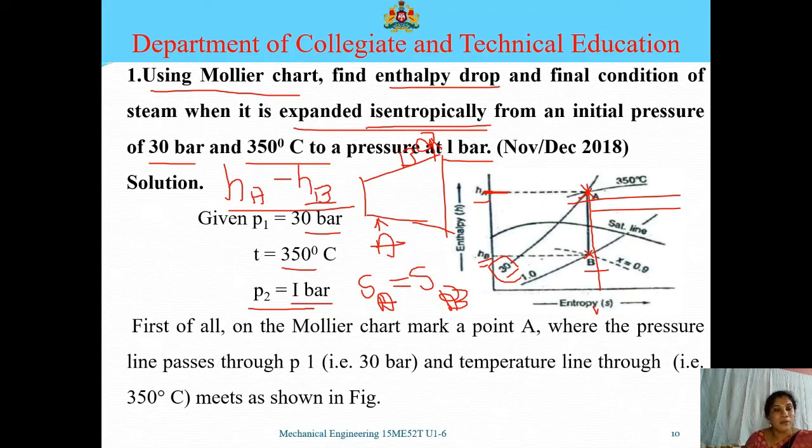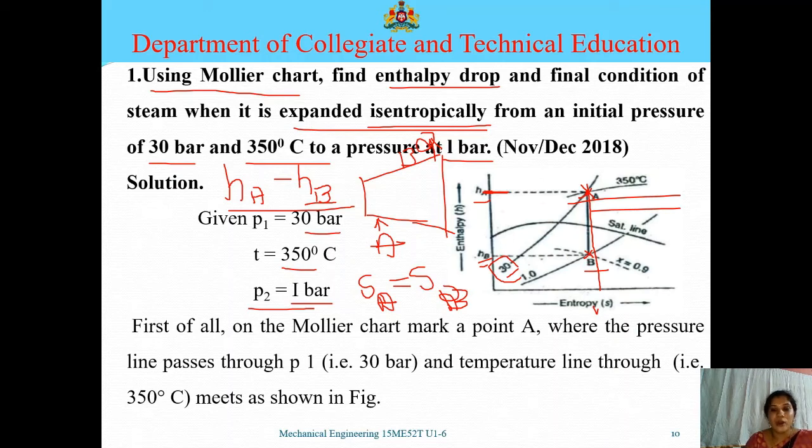In the problem, they have mentioned it is an isentropic process. Therefore, since the entropy remains constant, I'll draw a straight vertical line till it meets the pressure line at 1 bar.